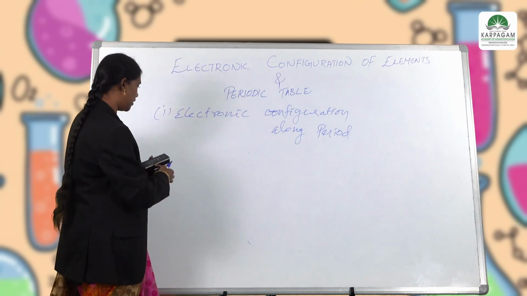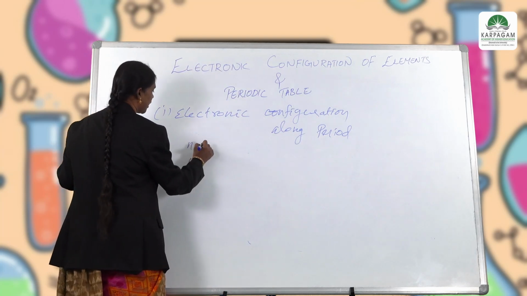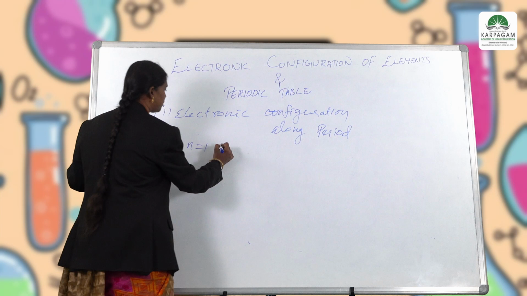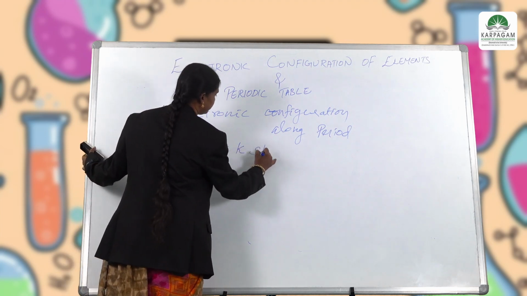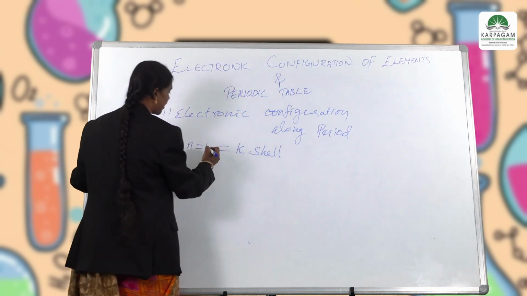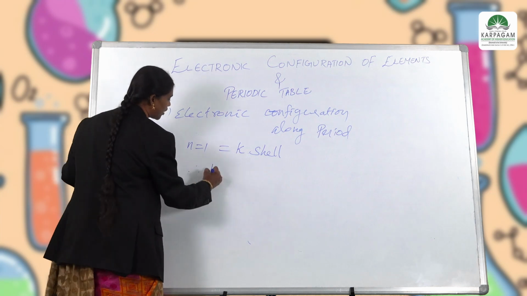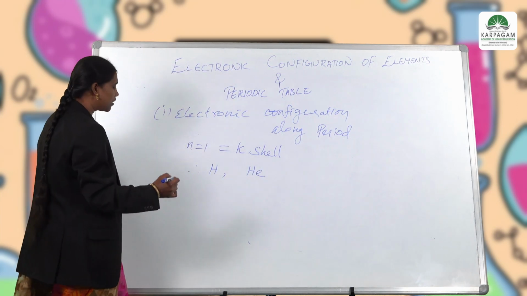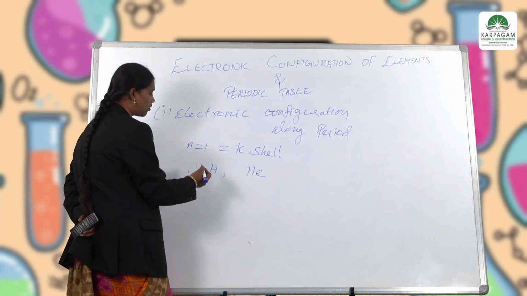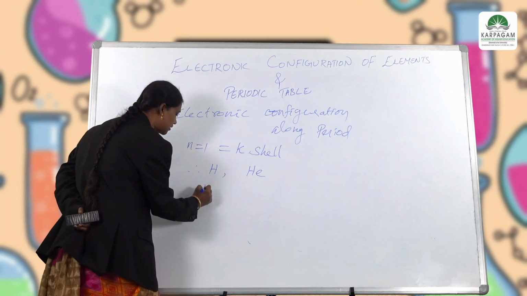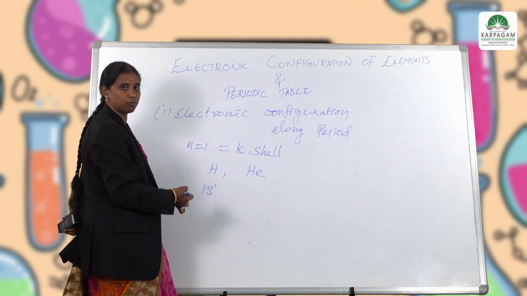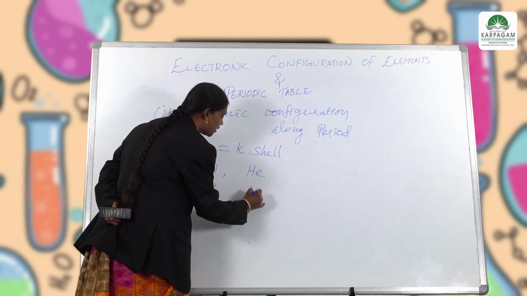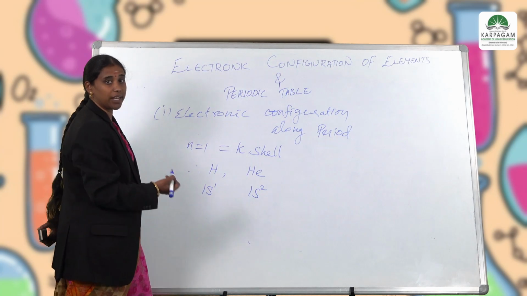In the first period, n equal to 1 represents the K shell. There are two elements, one is hydrogen and another one is helium. The electron in hydrogen is filled in the 1s1 orbital, and for helium it is 1s2.